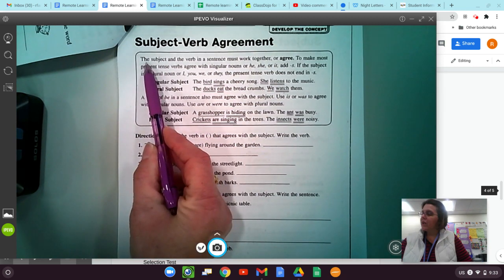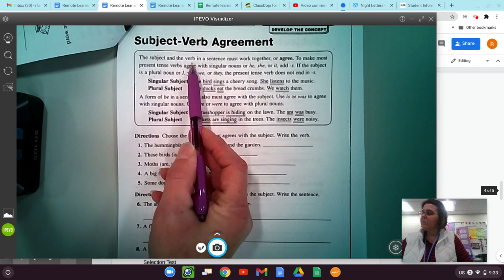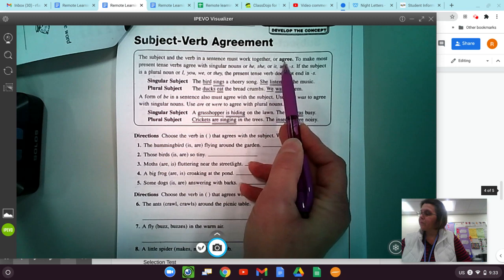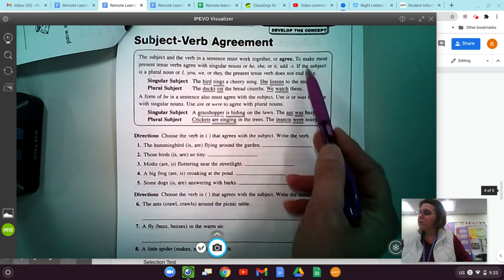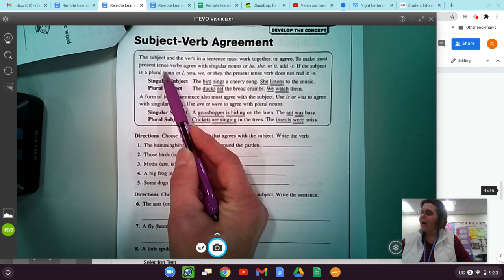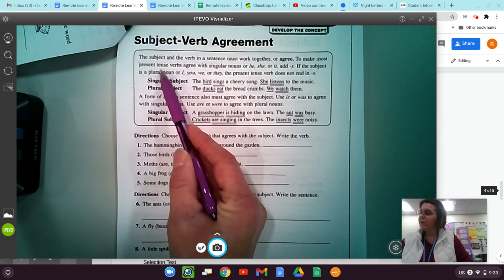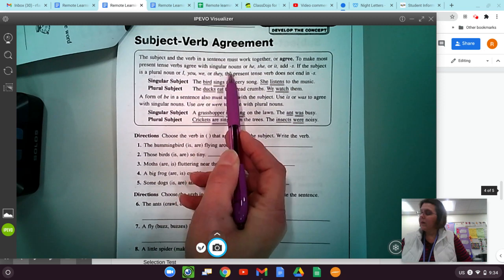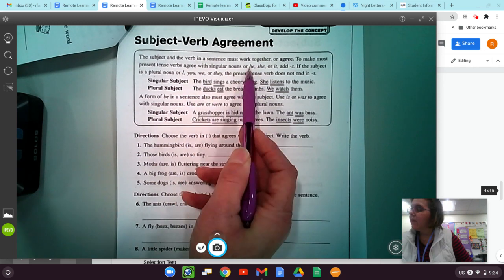The subject and the verb in a sentence must work together or agree. That's what I was just saying. To make most present tense verbs agree with singular nouns, that's one, or he, she, or it, add s.